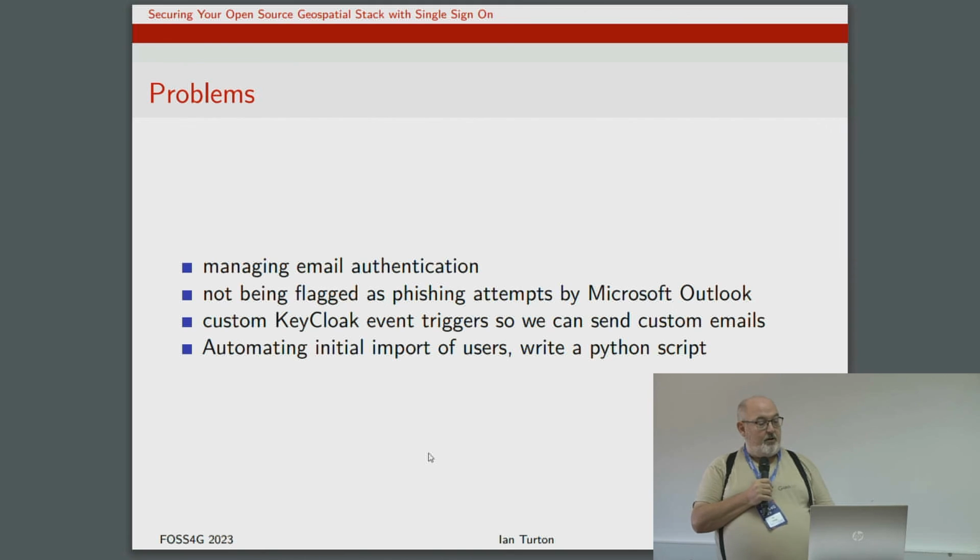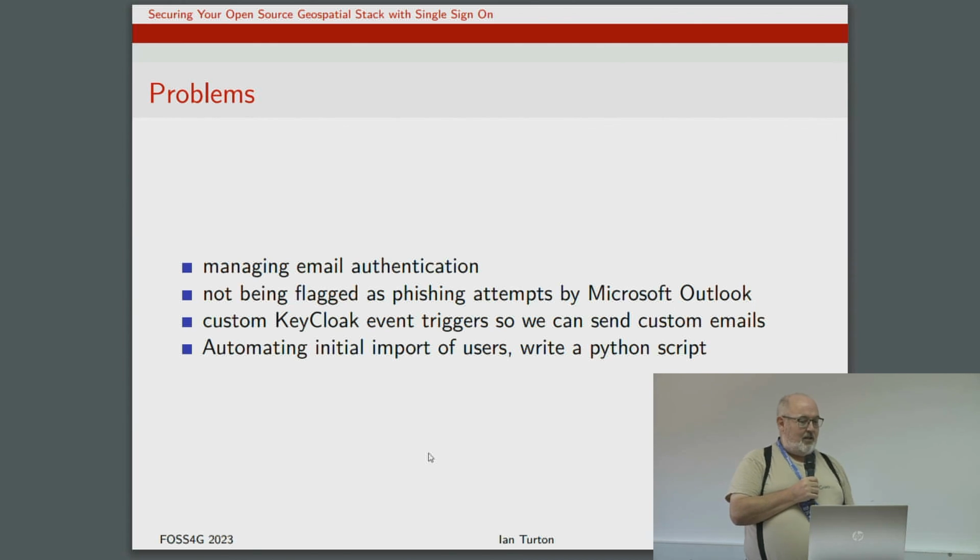So, problems that we ran into, apart from the clients changing their mind halfway through the project. Email authentication is a nightmare. Amazon are so worried that we're going to use one of their mail servers to spam the entire world that you have to verify who you're going to send mail to when you're in test mode. So half of your email tests fail because you forgot to verify that user.